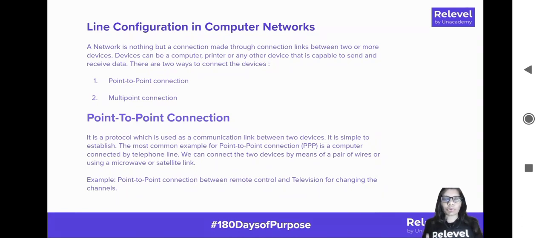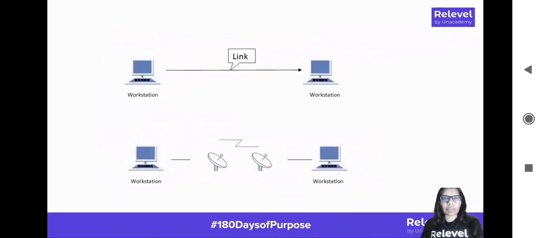That's what we call point-to-point communication, where two devices communicate using a link between them. That link can be wired or wireless, for example using microwaves or satellite. So this is the connection link for one-to-one connection where two workstations can be connected using some link, wired or wireless, as the example shown here.